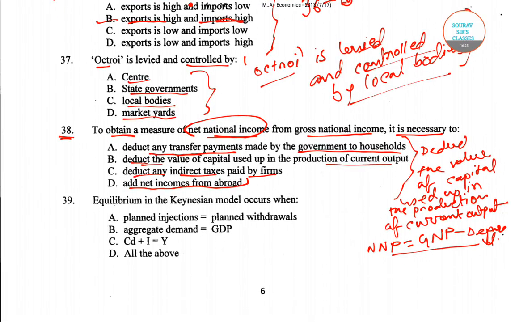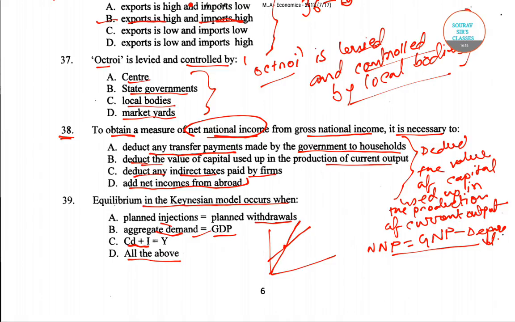In question number 39, it is given, equilibrium in the Keynesian model occurs when planned injection is equal to planned withdrawals, aggregate demand is equal to GDP, C plus I equals Y, and all of the above. We know the right answer would be when the aggregate demand curve is equal to GDP.